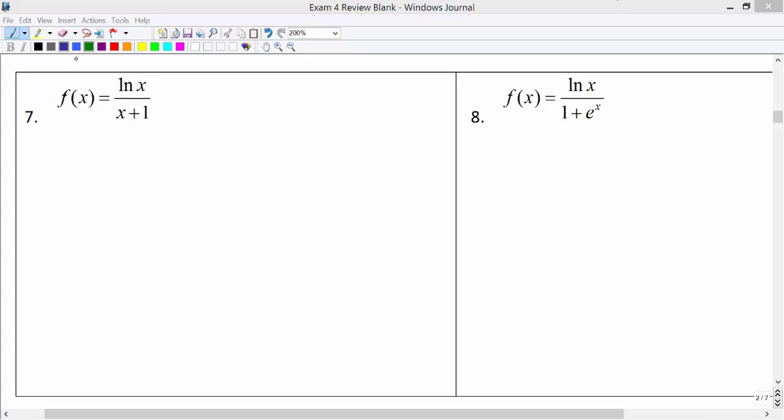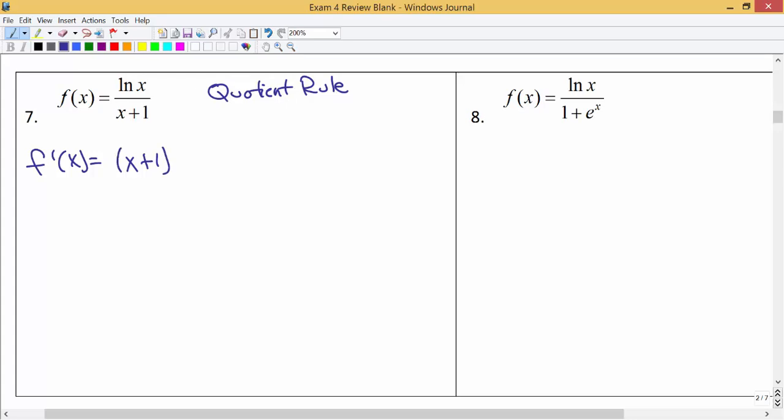For number 7, once again, we're finding the first derivative. And since we have a function of x in the top of the fraction and also in the bottom, then we will be using the quotient rule. So that's the denominator times the derivative of the numerator.